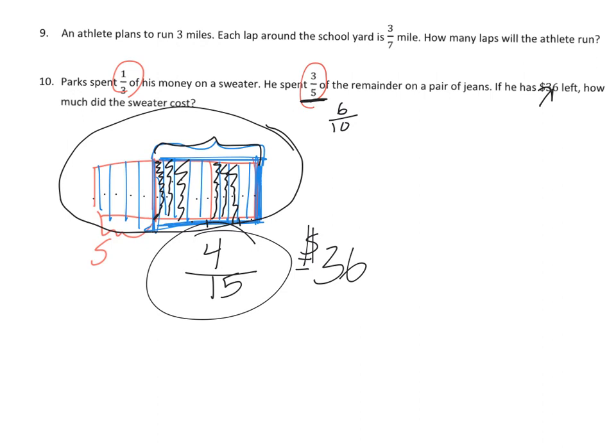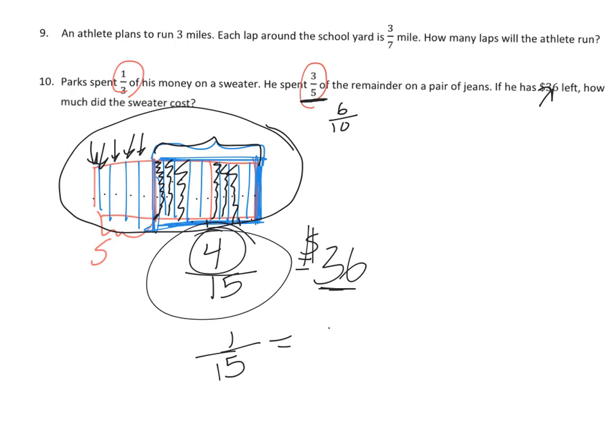So how do I figure out how much the sweater cost? Well, that's kind of easy in a sense now because I can figure out what each of these individual boxes are. If I know 4/15 is 36, I just have to divide 36 by 4 to get me 1/15.